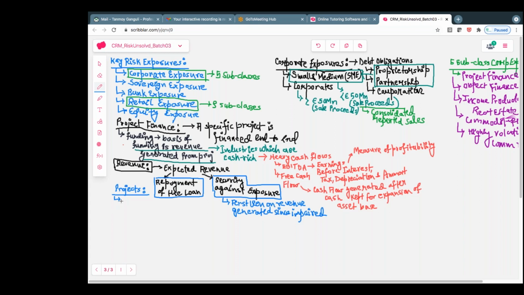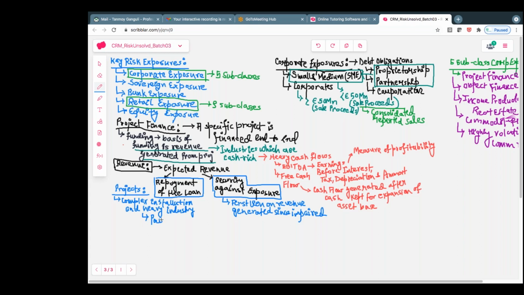We have complex installation and heavy industry projects. So what kind of projects are we talking about over here?